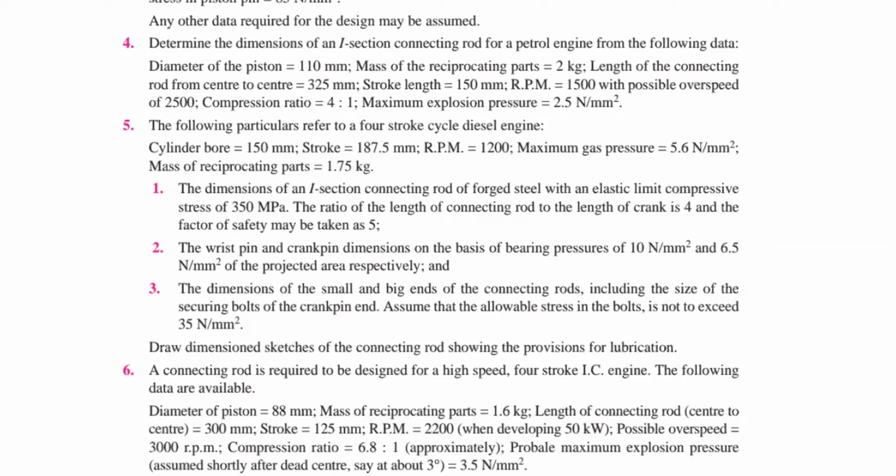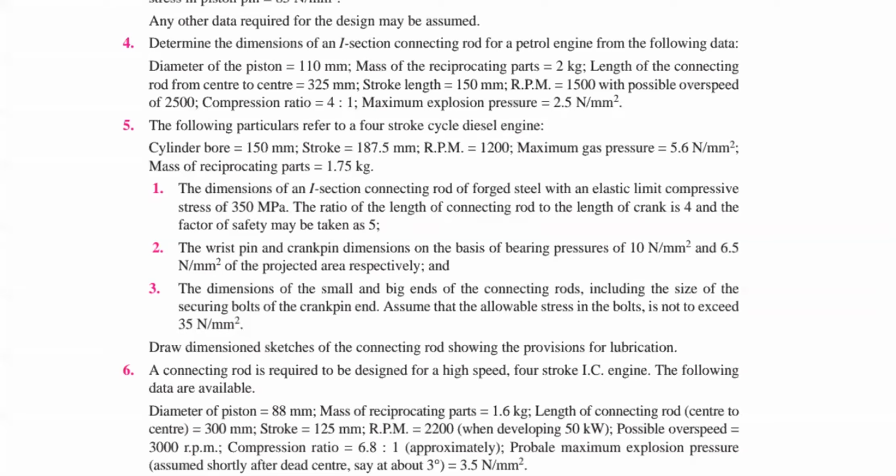Now, by observing this particular question, we can directly consider the design procedure of your connecting rod. That is the one thing, because it is a direct question: determine the dimensions of the I section. Please observe that you need not apply all the 4 steps of the connecting rod.